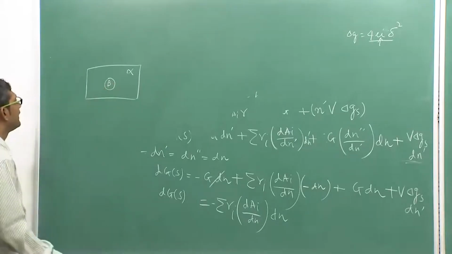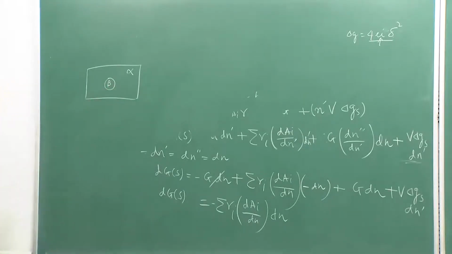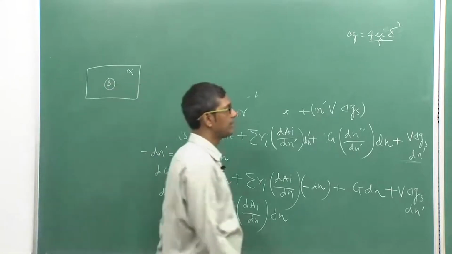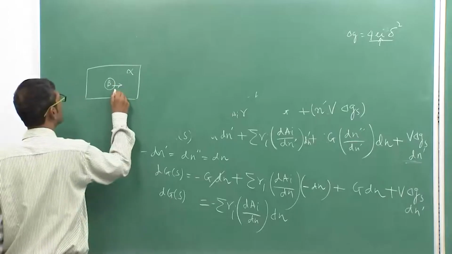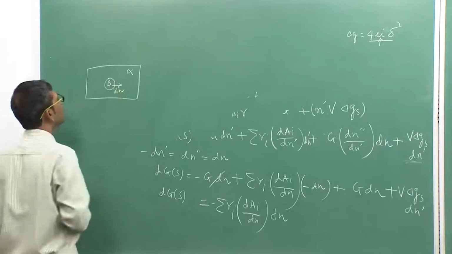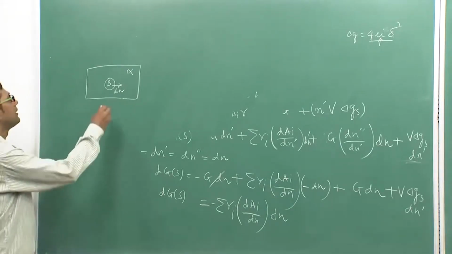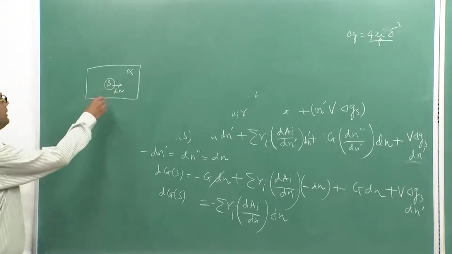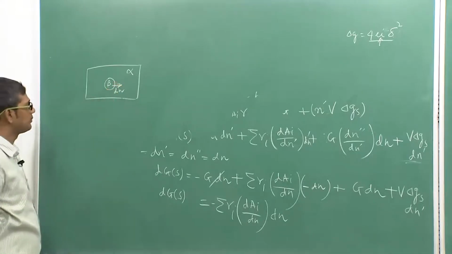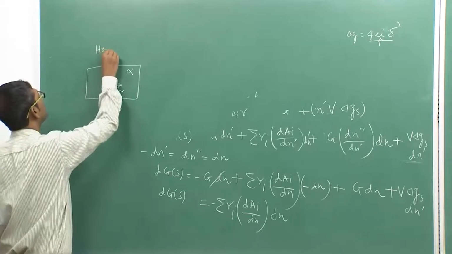I am asking what will be the conditions of free energy versus the number of moles transferred from here to there when I transfer dn number of moles. What will be the free energy as a function of both surface energy and strain for such a thing to happen in a thermodynamically possible way? You can do this as part of home assignments.